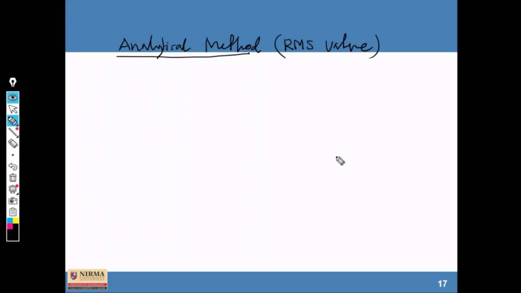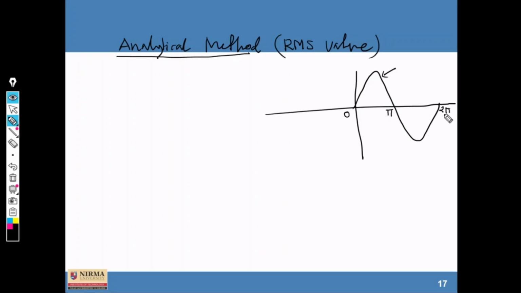Okay, so here this method is normally applicable to a sine wave, where we know that this is 0, pi and 2 pi. If we want to write the equation of this, we can write it in the form of integration.